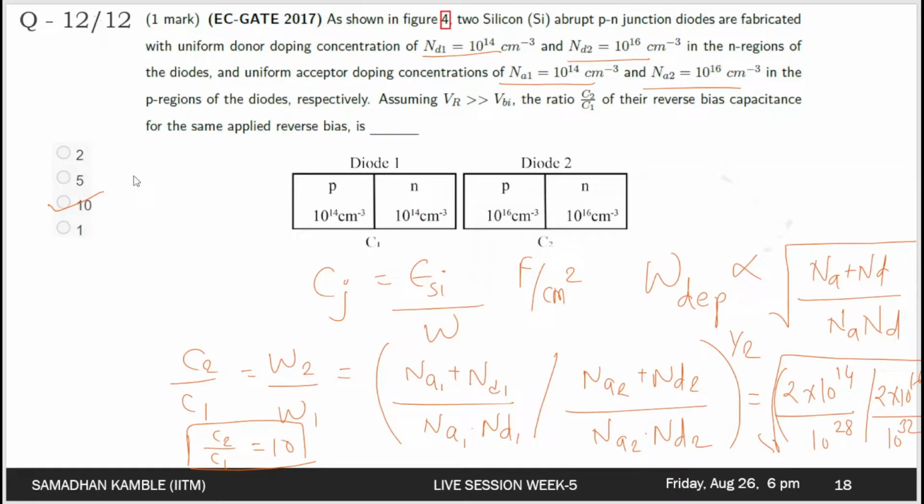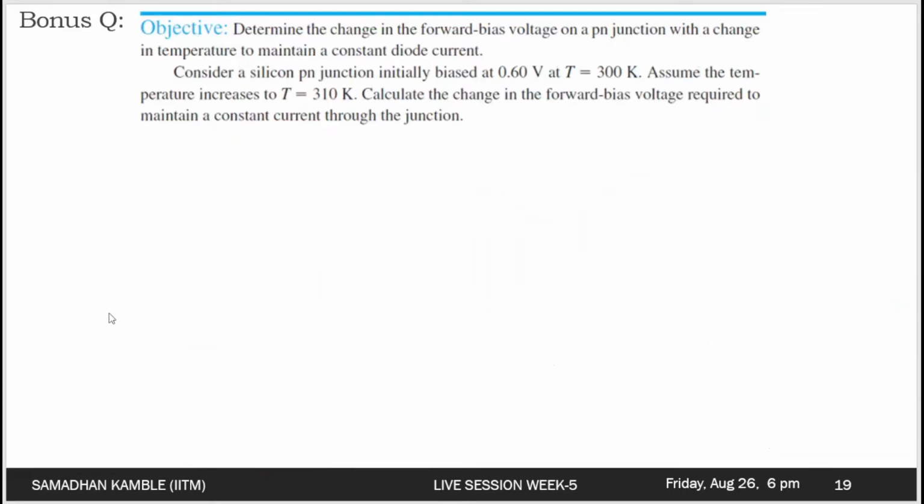Okay, so the questions are over, but I think we have a few more minutes, so I'll go to one more question. Let us go for this question. This question I have taken from Neamen's book. The question is as follows: determine the change in the forward bias voltage on a PN junction with a change in the temperature to maintain a constant diode current.